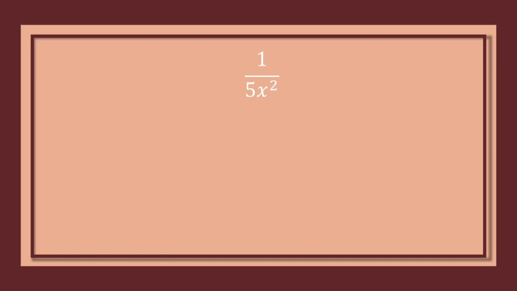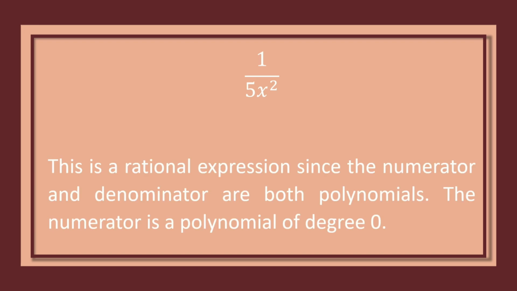How about this one? 1 over 5x squared. Yes, this is a rational expression since the numerator and denominator are both polynomials. The numerator is a polynomial of degree 0.